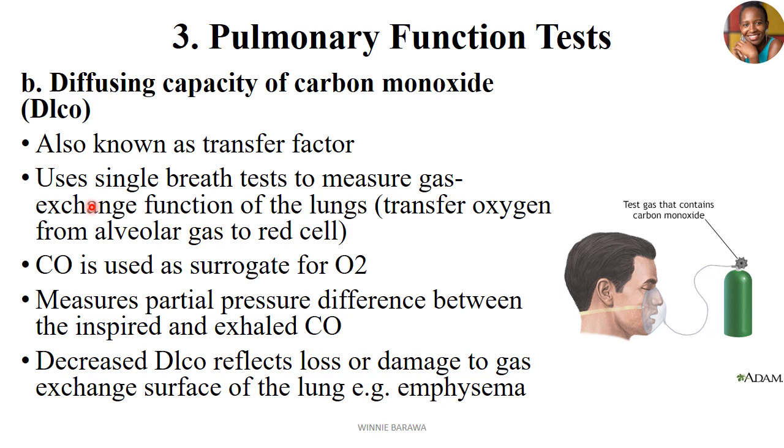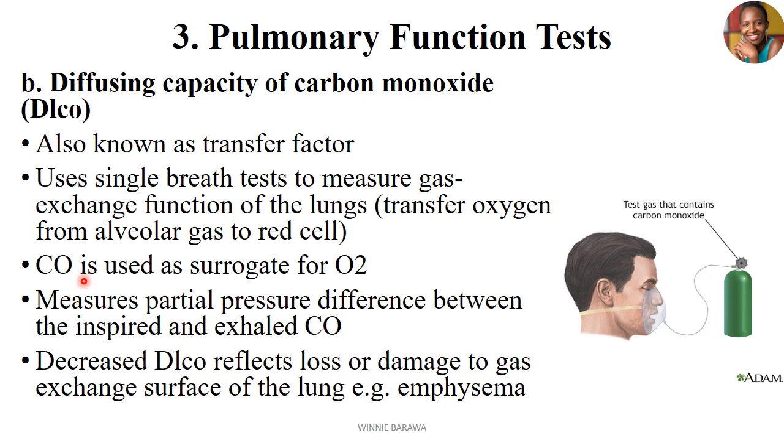This test helps us test the ability of the lungs to perform gaseous exchange, that is, how able the alveolar gas is to attach to the red blood cells or the hemoglobin. We use carbon monoxide, not oxygen, because carbon monoxide can be used as a surrogate for oxygen.